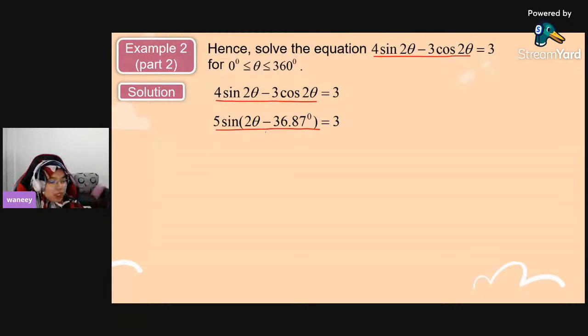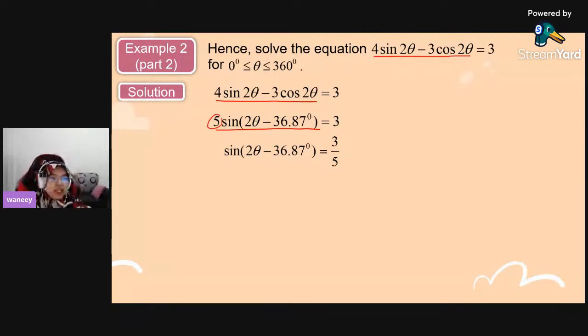Okay, so now we need to make sine as the subject. So I have to get rid of the 5. So I'm going to bring it to the right hand side. So sine of 2 theta minus 36.87 degree is simply equal to 3 over 5.